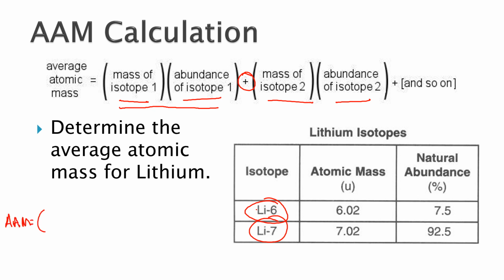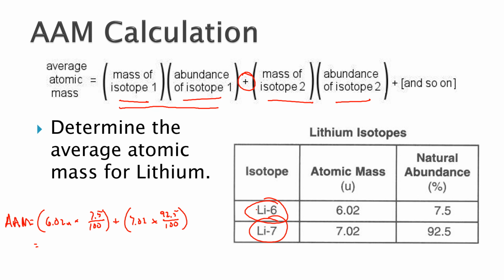We'll take the first one here, 6.02 atomic mass units, and we'll multiply by their proportion, which is 7.5% out of 100, and then we'll add that to the second one here, 7.02, and we'll multiply that by 92.5 out of 100%, and then we'll add those up. All right, I'm going to do it on my calculator here.